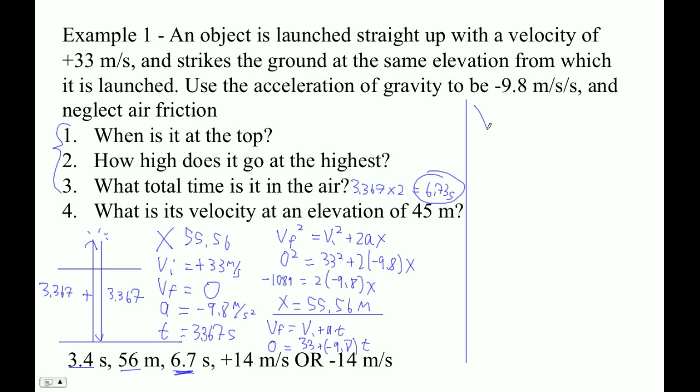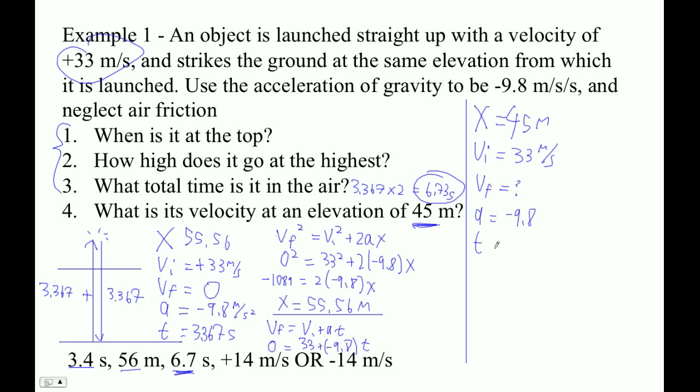Well, let's just set this up. We're going to go x, vi, vf, a and t. X is 45 meters, right? Initial velocity still is 33 meters per second. Final is not 0 because we're not at the top, so we don't know what that is. And then the acceleration is negative 9.8. And now we're set. We can solve for VF.